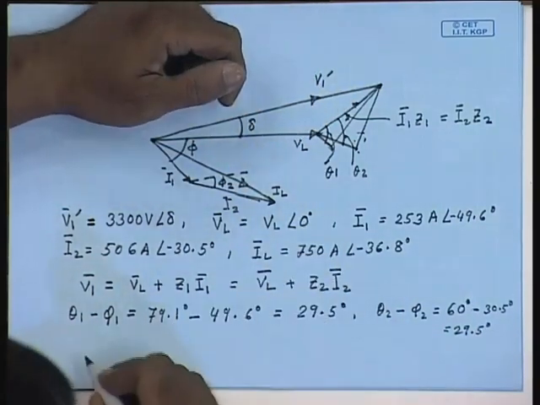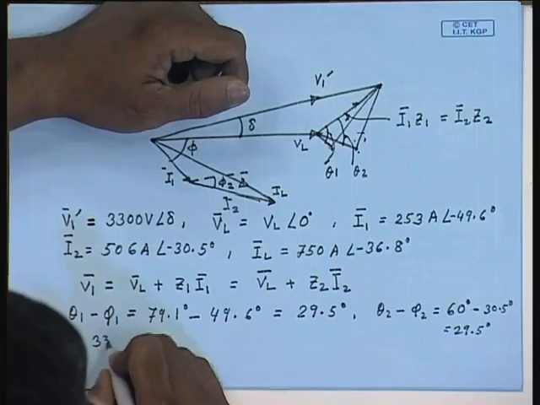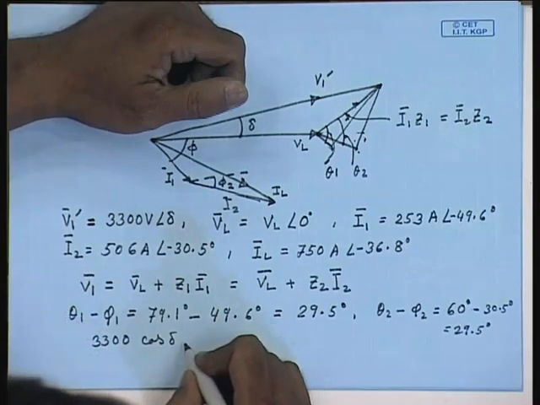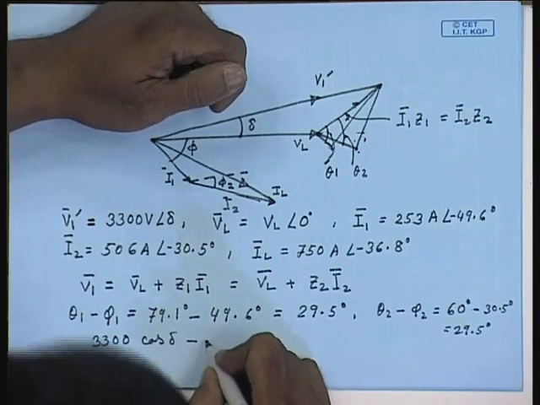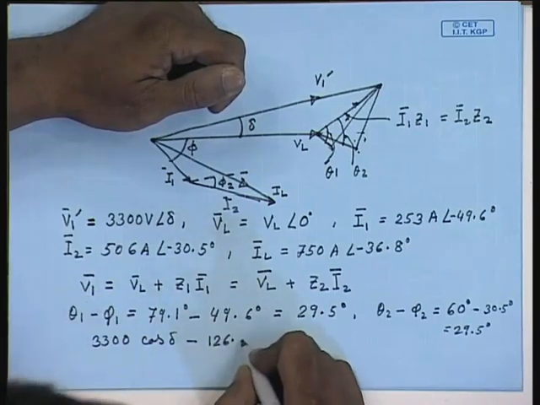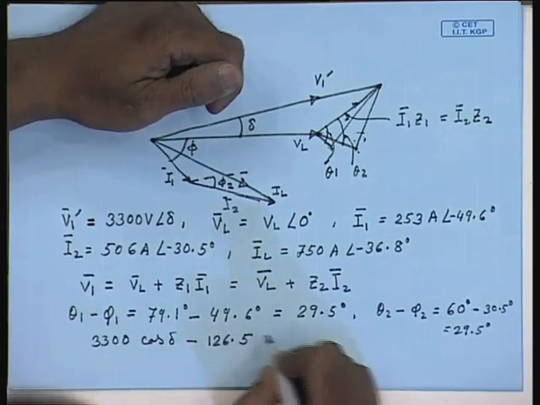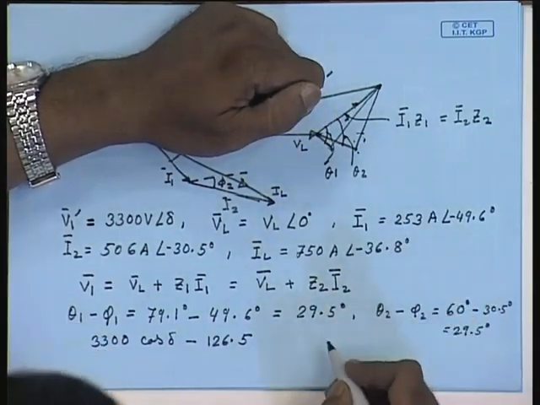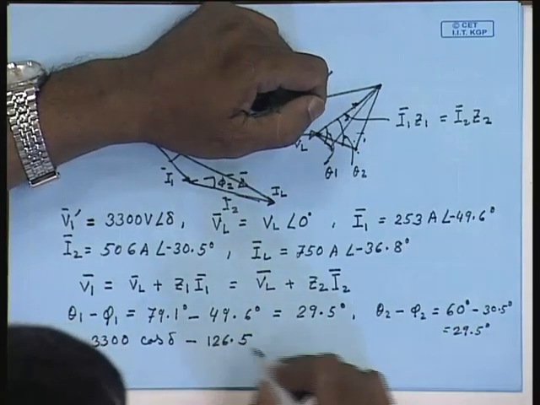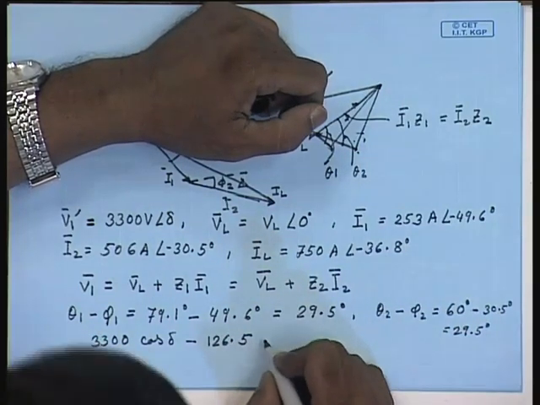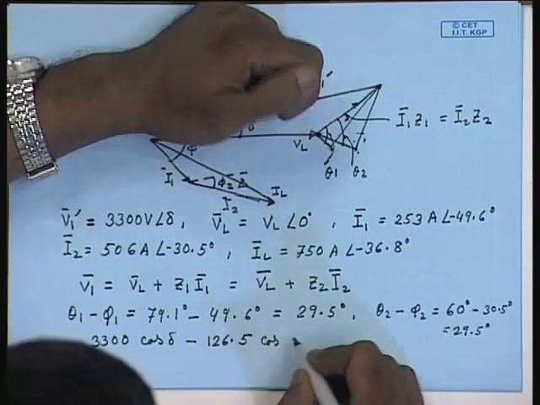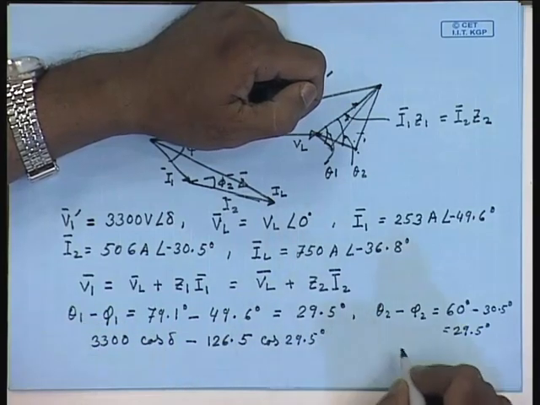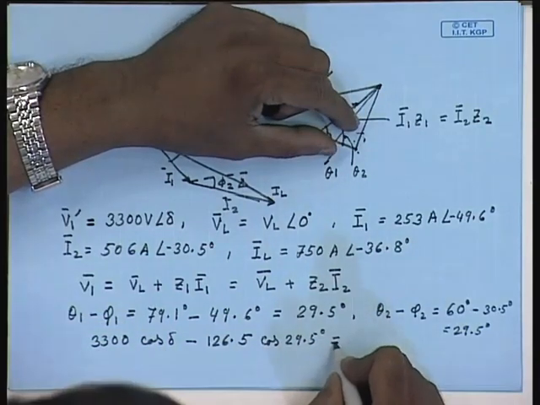So, we can write from this phasor diagram 3300 cos delta plus I1 Z1 cosine of 29.5 degrees, that is 126.5, which is 0.5 into I1, that will give you VL.